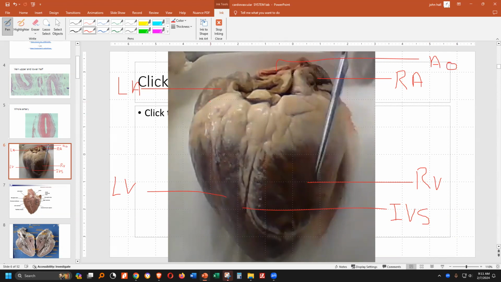And the last thing you need to worry about is this line right here between the atria and the ventricle. That is the atrioventricular sulcus. All right. So we're looking at 7 structures you're looking for.